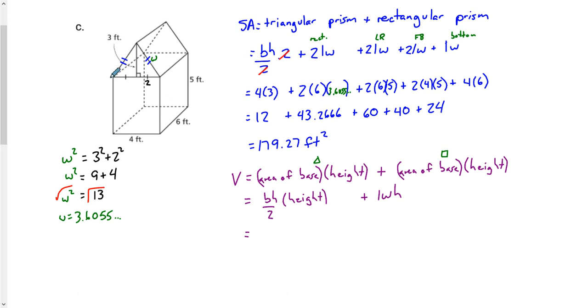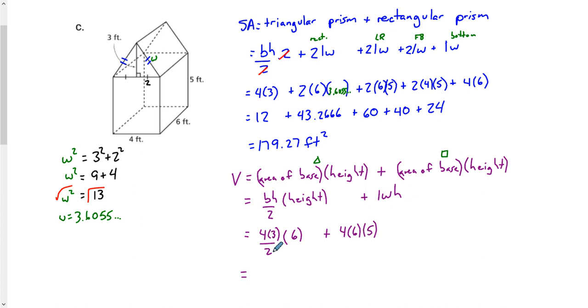So for the triangular base, the base of the triangle is 4, the height of the triangle is 3. Divided by 2. The height of the triangular prism is 6. Length, width, and height of our rectangular base, 4, 6, and 5. Doesn't necessarily matter which order you write these in, because order in multiplication doesn't really matter.